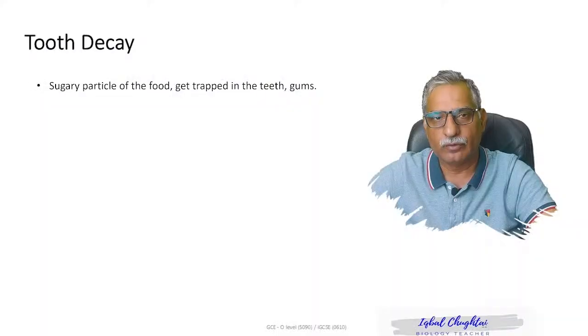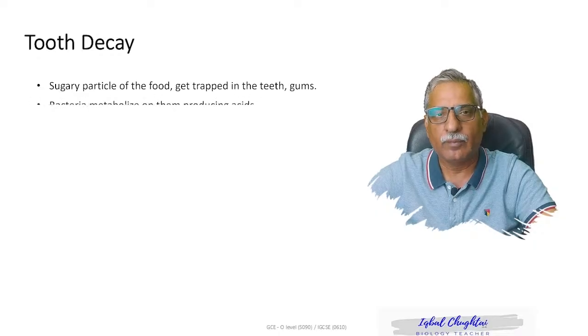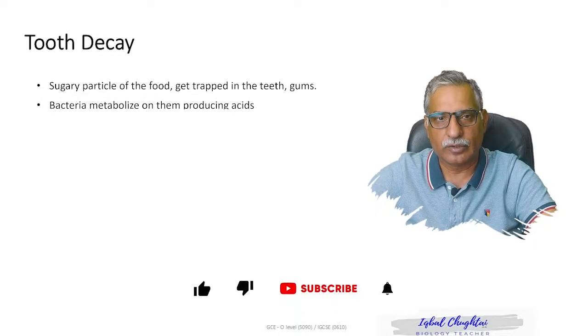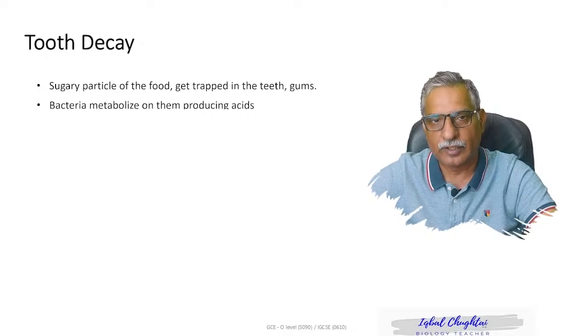When we eat food that is rich in sugars, starch, carbohydrates, bacteria in our mouth metabolize the pieces of food that remain trapped within the gums, between the teeth, or somewhere in the mouth. These trapped particles are metabolized by the bacteria living in our mouth, and they produce organic acids.